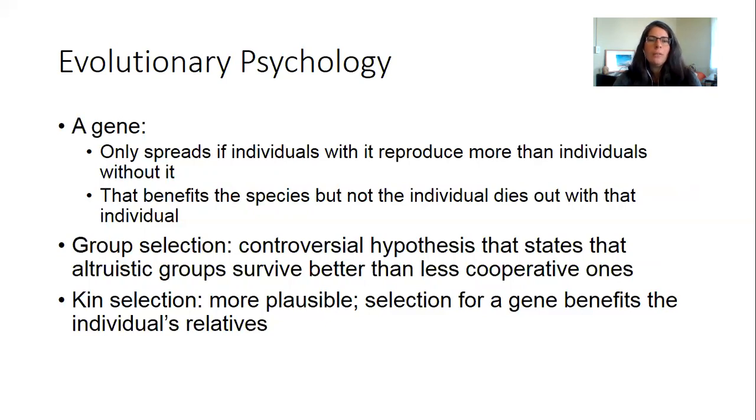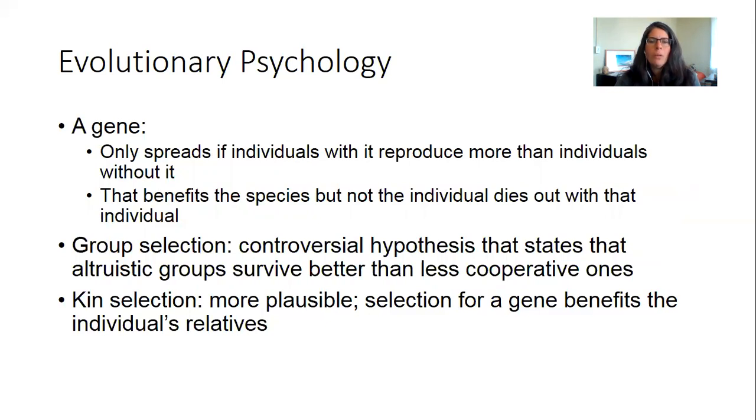So again, let's look at things at the level of the gene. The gene only spreads if individuals with it reproduce more than individuals without it. And that benefits the species, but not the individual, because it will die out with that individual.